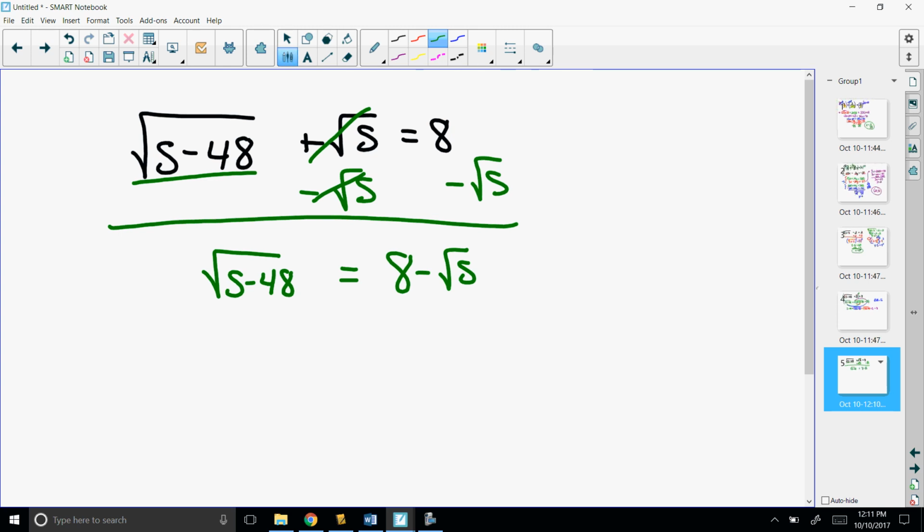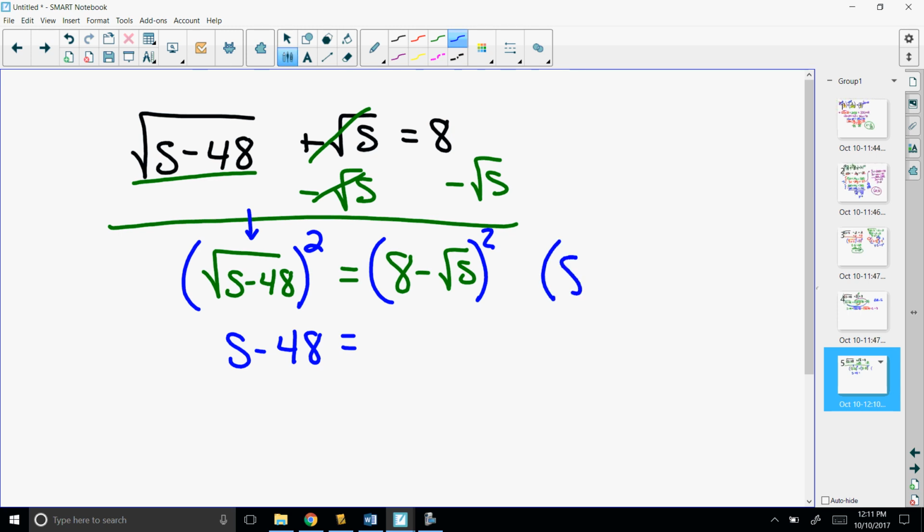Now, how do I get rid of the square root? Square it. But if I square one side, you have to square the other side. What is the square root of s minus 48 squared? s minus 48. If I square the other side, keep in mind you have to take it times itself.